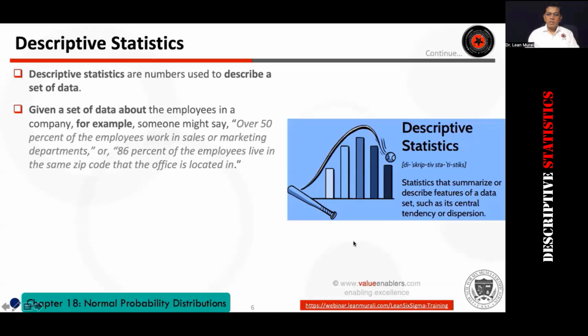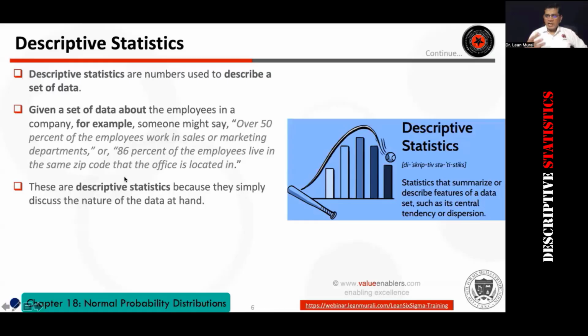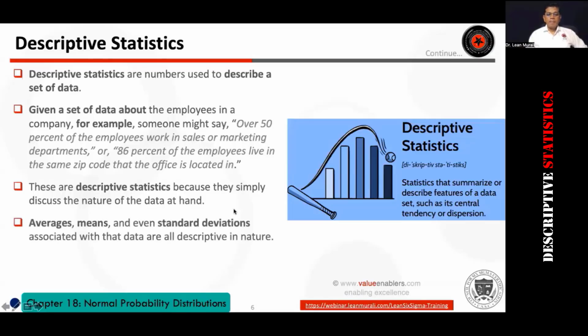With that simple example, I can say 50% of employees work in sales and marketing departments, or 86% of the employees live in the same region. These describe the data, so these are descriptive statistics because they simply discuss the nature of the data in hand.